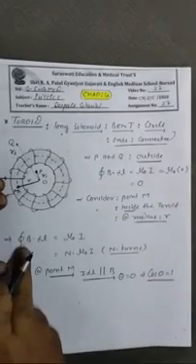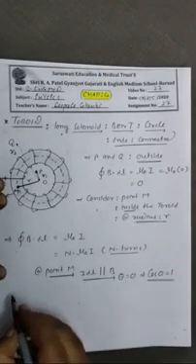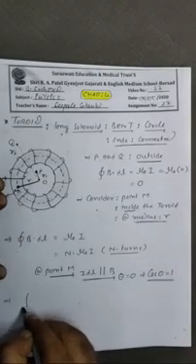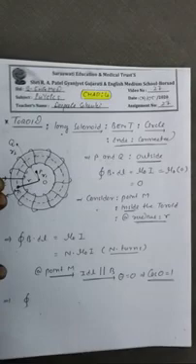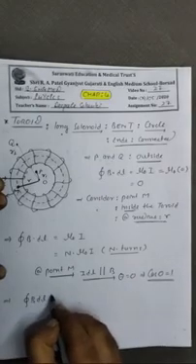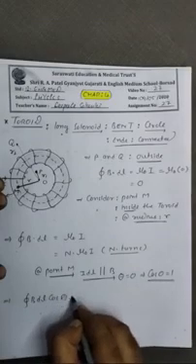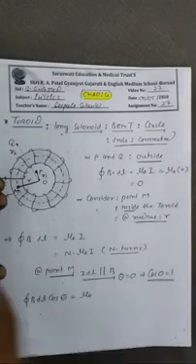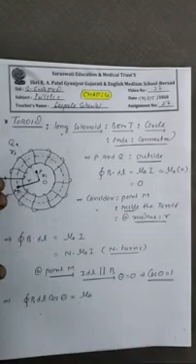So our equation becomes: closed integration of B dl cos theta is equal to mu 0 capital N I.